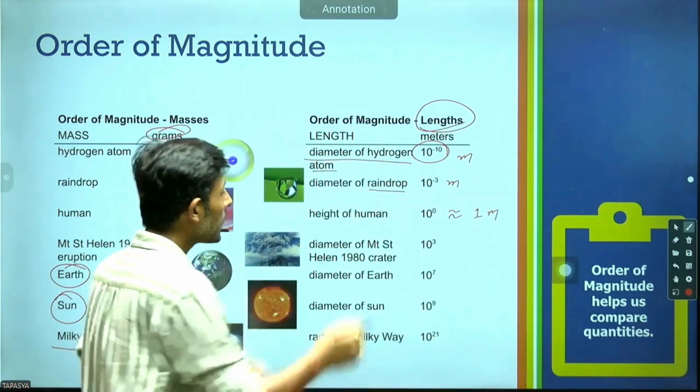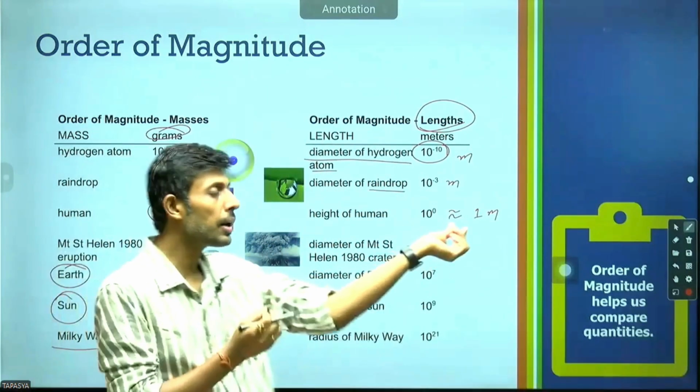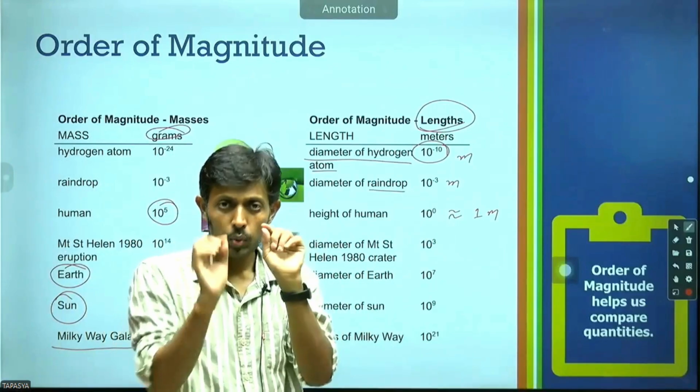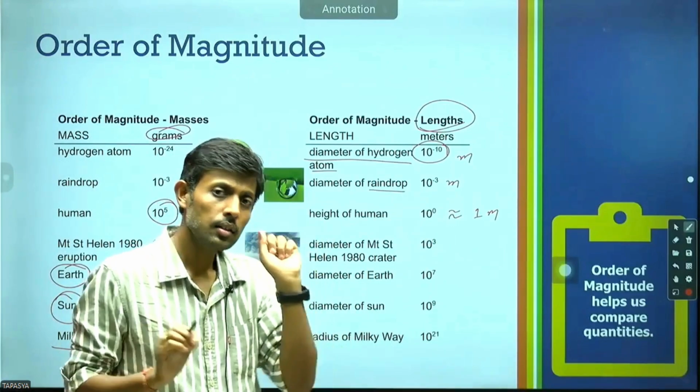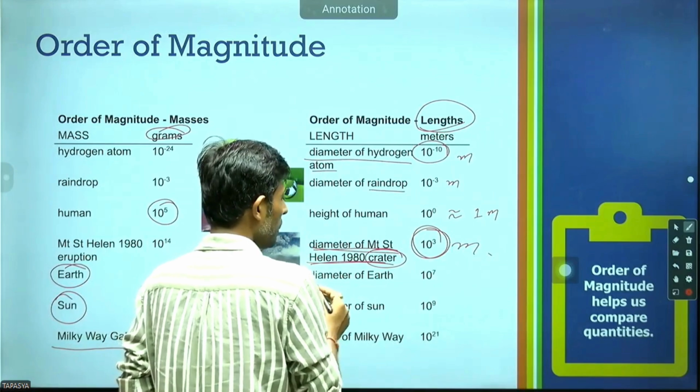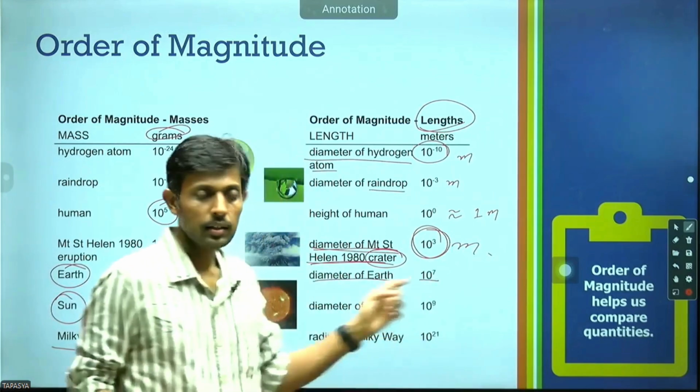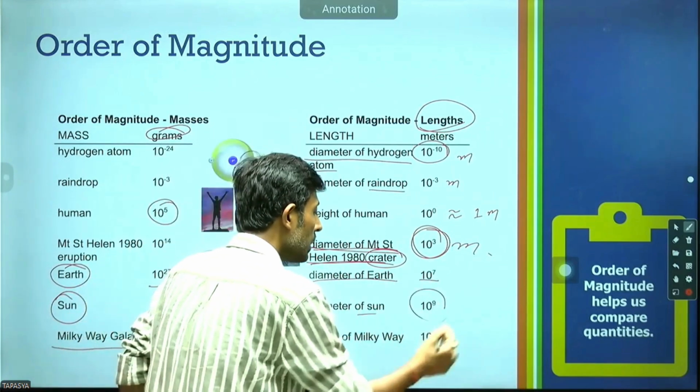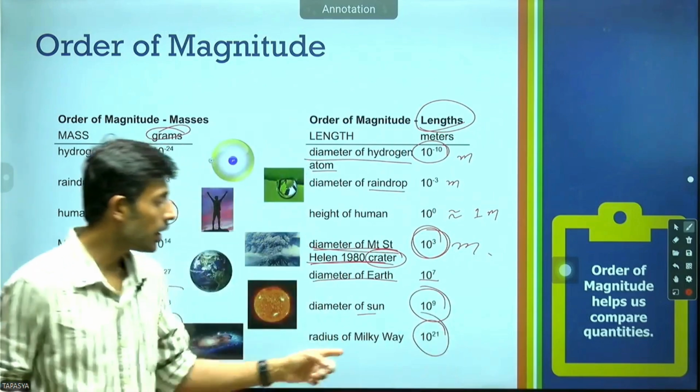So that is the order. You can multiply that by a number n which lies between 1 and 10. The diameter of Earth, we all know, is of the order of 10^7 meters. Similarly, the diameter of the Sun is of this order, and the radius of the Milky Way is of this order.